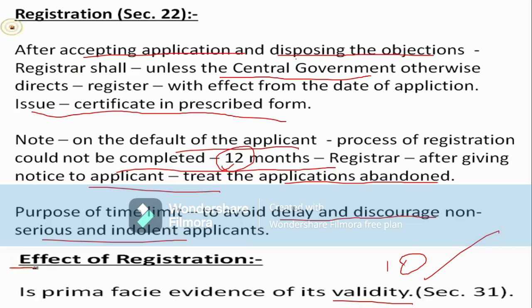As already discussed, it protects the trademark and the intellectual property of the user, the trader, the enterprise. It protects from other persons manufacturing similar products or misusing the product. So the effect of registration is that it gives evidence of validity for that trademark, for those goods and services.